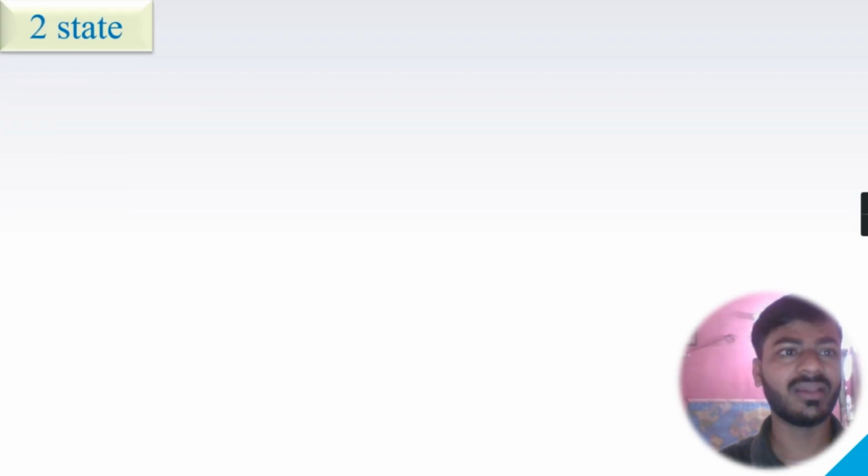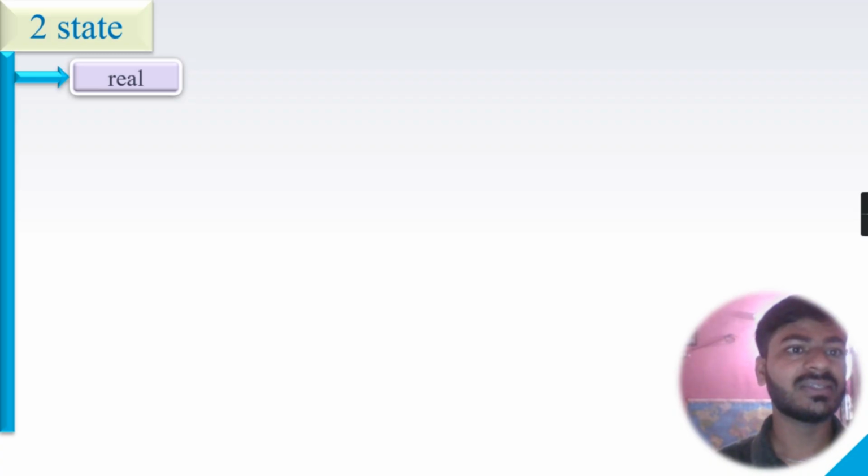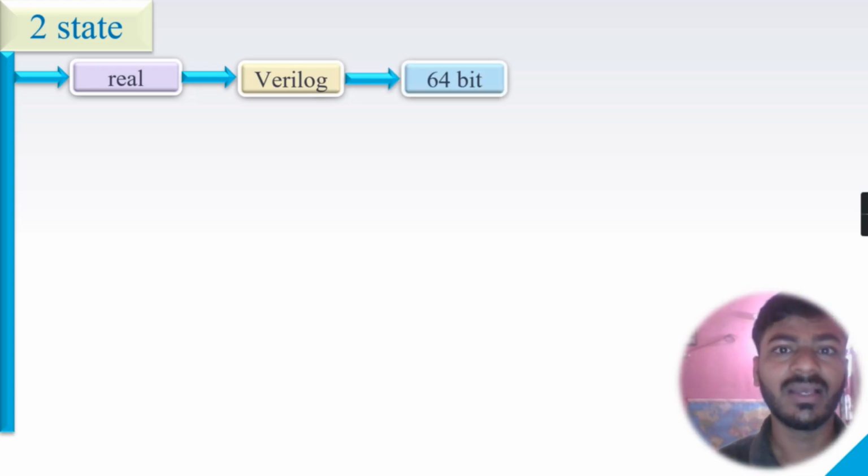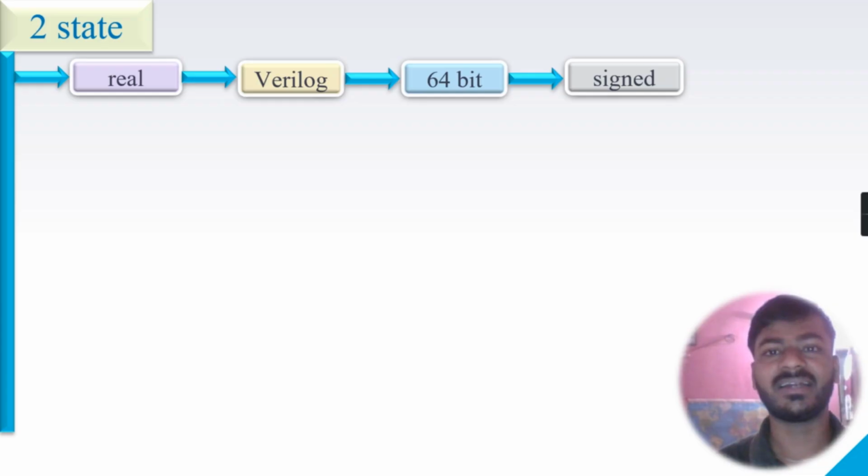Okay, now let's understand what the two-state data types available in SystemVerilog and Verilog are. The first two-state data type is real. Real belongs to the Verilog language, and it's a 64-bit signed data type. Signed data type means it has a range from negative value to 0 to positive value.